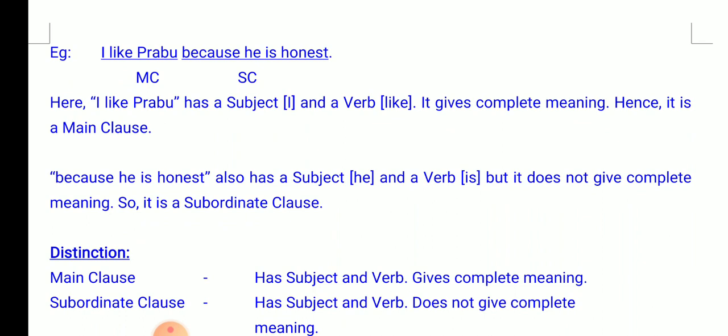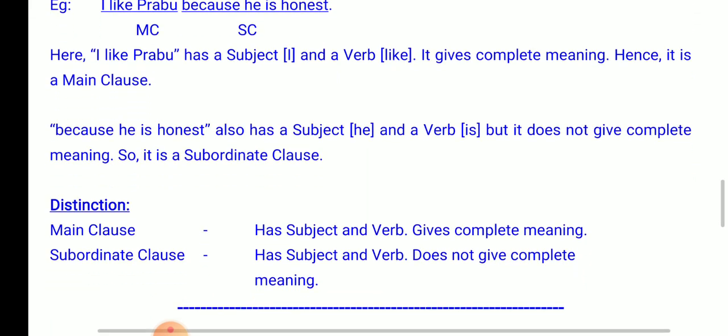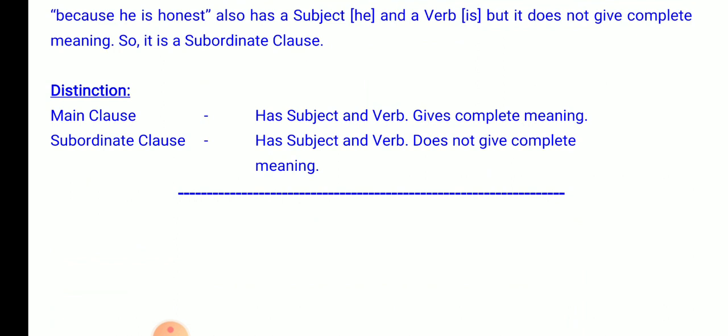Now, in this example, you find the main clause at the beginning and it is followed by the subordinate clause. Now let us look at the similarity between the main clause and the subordinate clause. Remember what I told you earlier?